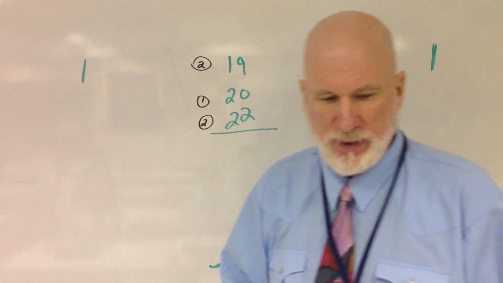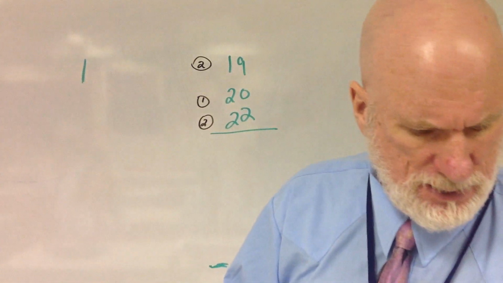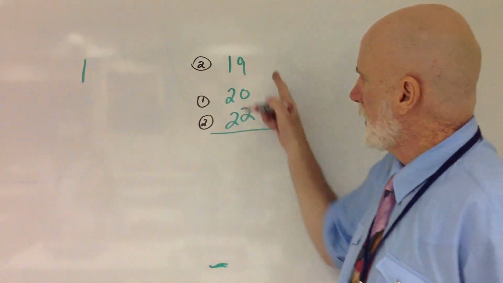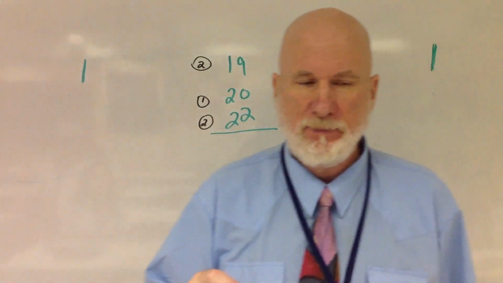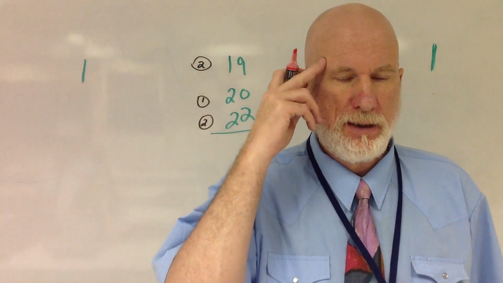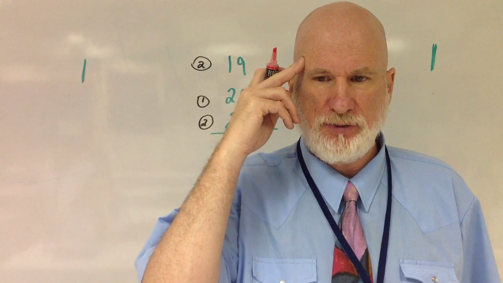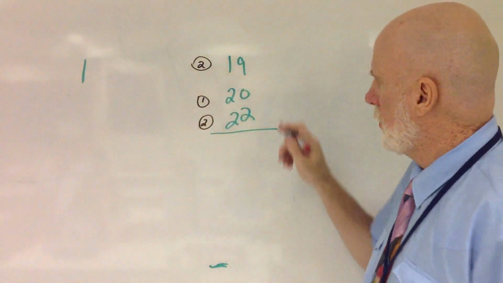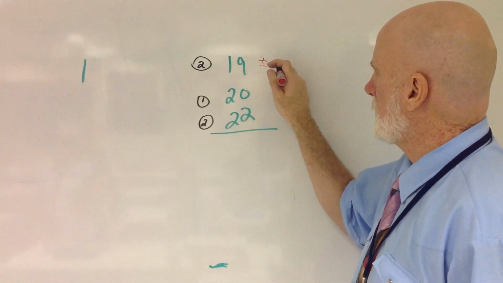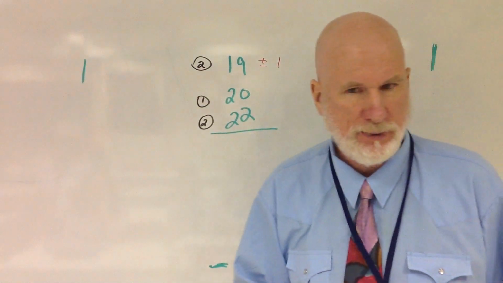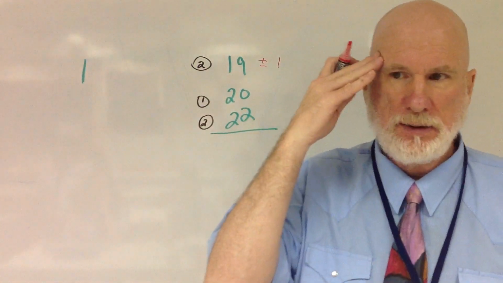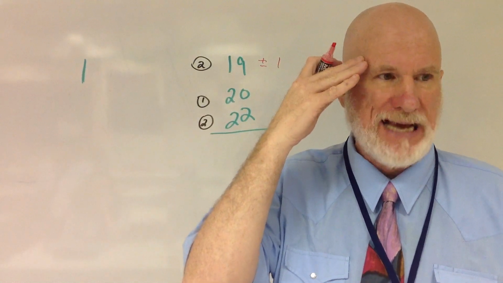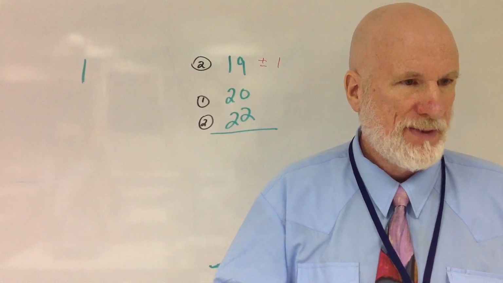Now, underneath that, I'll put in red, on the other side, the precision, the uncertainty for each. So this is going to be plus or minus 1s, because it's the smallest place value that actually has a significant figure. That's the uncertainty.